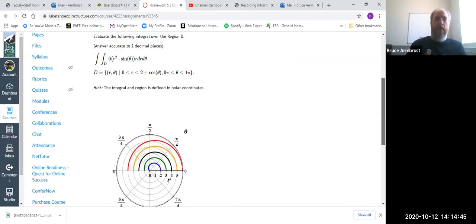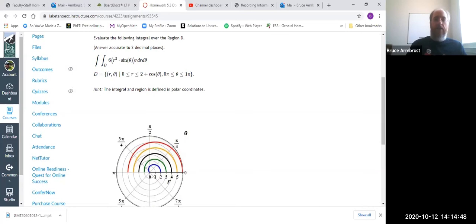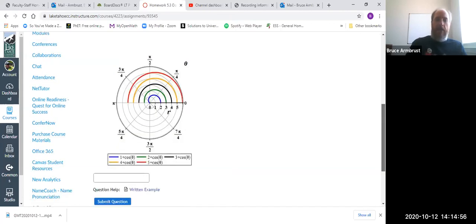Okay, well, the r's are going to range from 0 to 2 plus cosine of theta. And then they happen to give us on a graph here what the graph of 2 plus cosine of theta looks like. It's the green one. But if you look at that, it's kind of that sort of semicircle-y looking thing. It's not actually a semicircle, but it kind of looks like that shape. And we're going from 0 out there.